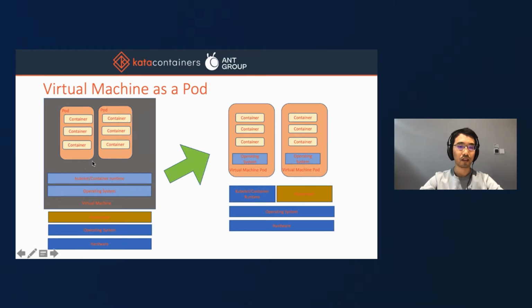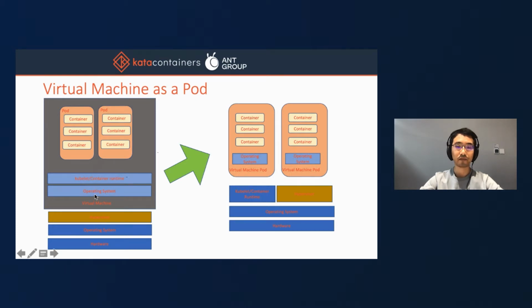The user will apply for a virtual machine, install the operating system, the Kubernetes runtime and container runtime there, and run its pods in this environment. As you can see, there are two pods running on the same virtual machine. The drawback is that if one pod is attacked by some hackers, the other pod is insecure as well because they share the same guest kernel.